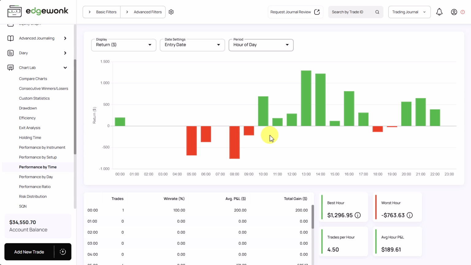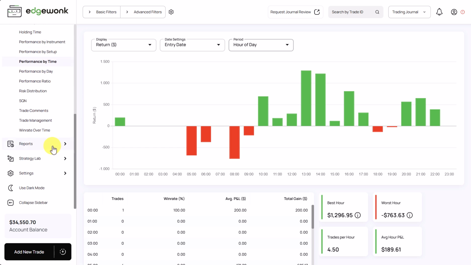Typically, this is around the open. When a market is opening, you often have a lot of momentum, you often have good moves, and the market moves the most around the open time. And we've seen time and again that if traders would limit their trading times to just 2 or 3 hours around the open, that could really boost their performance. It could also free up a lot of time, and therefore looking at your performance by time is really helpful.